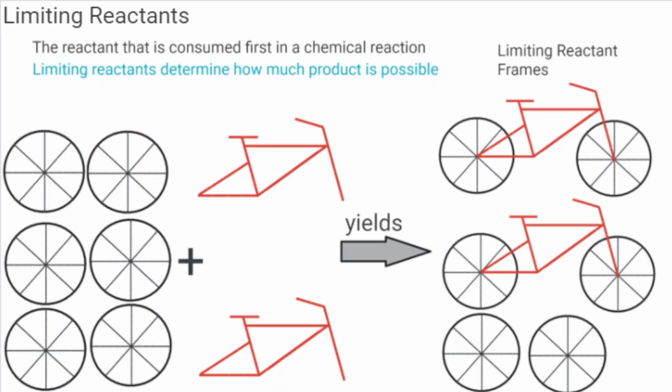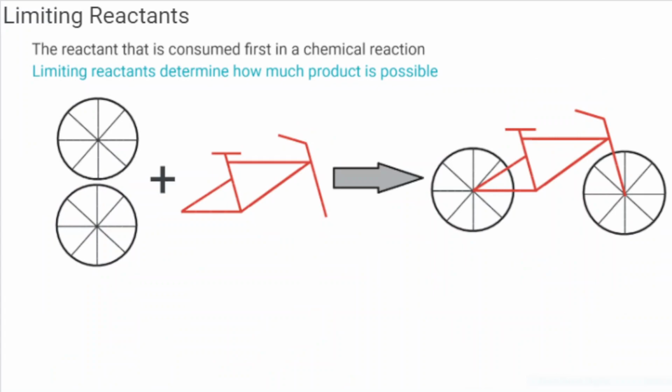And this is basically how limiting reactants work. If we run out of one chemical, we cannot have the reaction go forward because we're out of one of those reactants. So I want to go ahead and make a pseudo-chemical reaction out of our bicycle reaction. For every 2 wheels and 1 frame, we can make 1 bicycle.